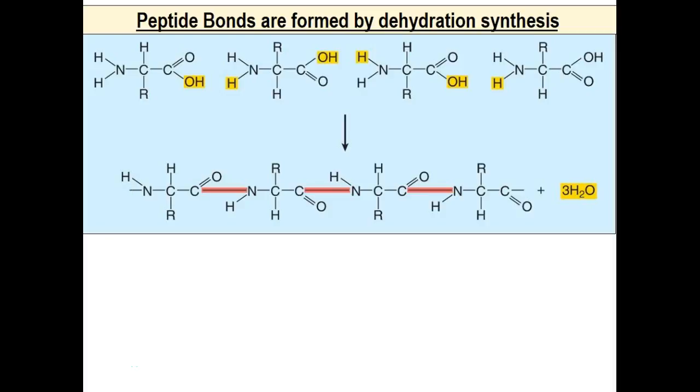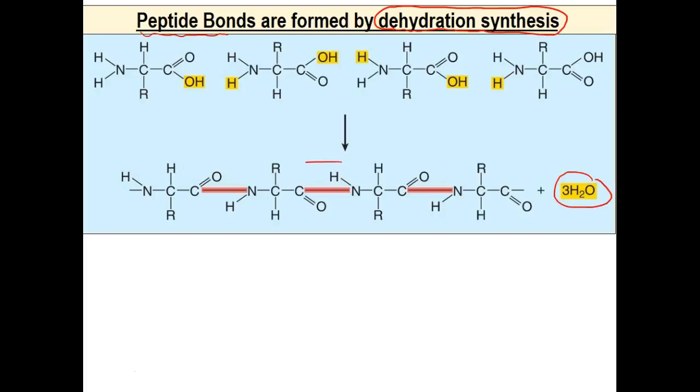Amino acids make up proteins, and they do this by the formation of peptide bonds. How do they form? Once again, by dehydration synthesis. The same way that triglyceride forms from fatty acids and glycerol, the same way that polysaccharides form from monosaccharides is how proteins form from amino acids with the release of water.